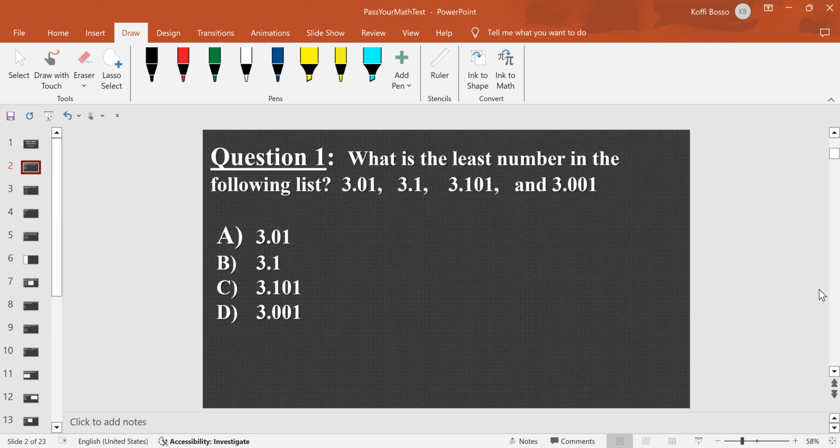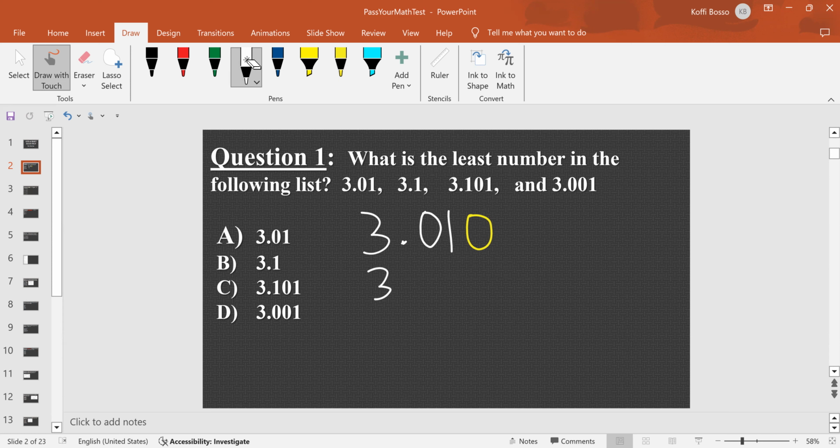But to solve this question, rewrite each number here with the same amount of digits after the decimal. So we're going to write 3.01 as 3.010, 3.1 as 3.100.